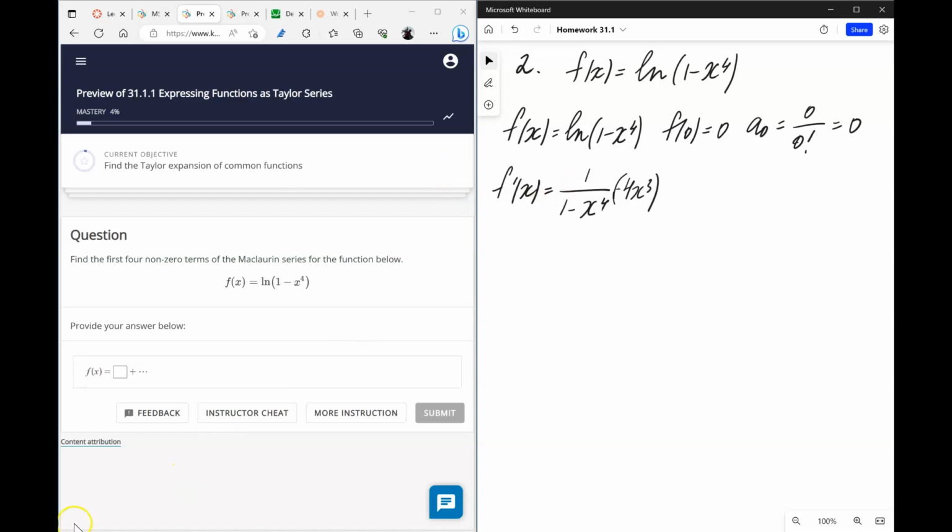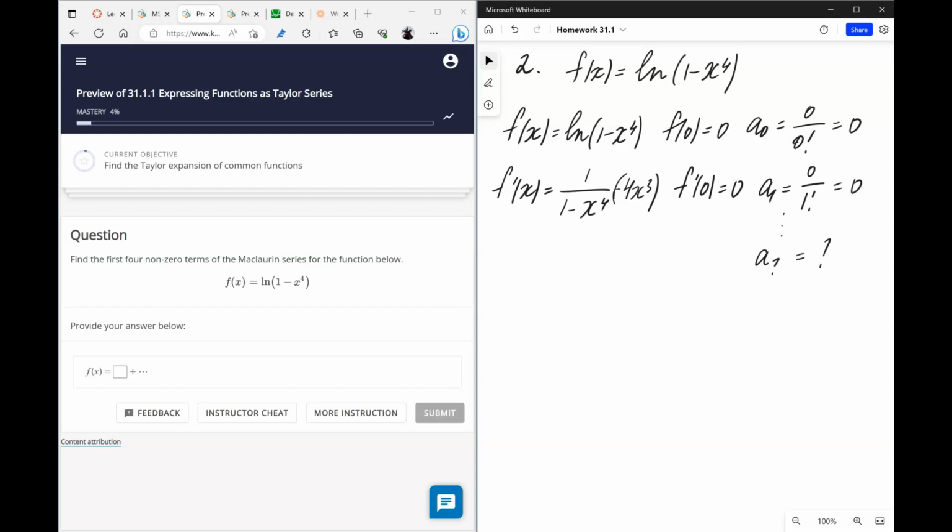Now we evaluate the derivative at 0. We get another 0, so the first coefficient is also equal to 0, and so on. So we have to keep doing this until we get to collect the first 4 non-zero coefficients.